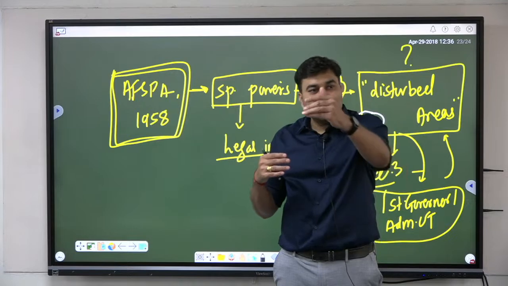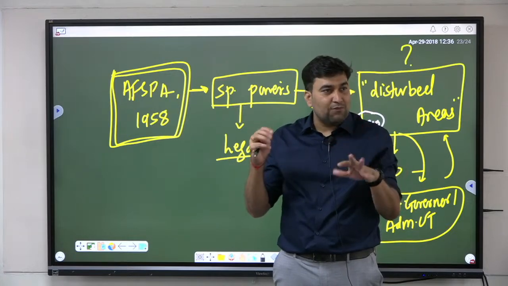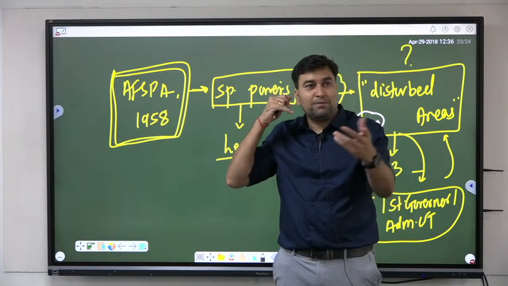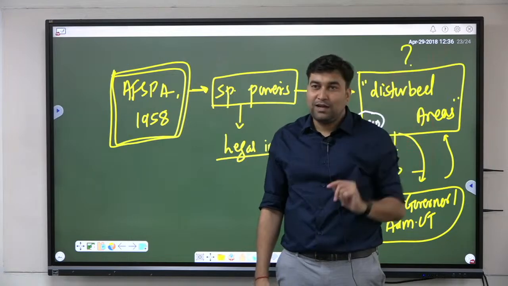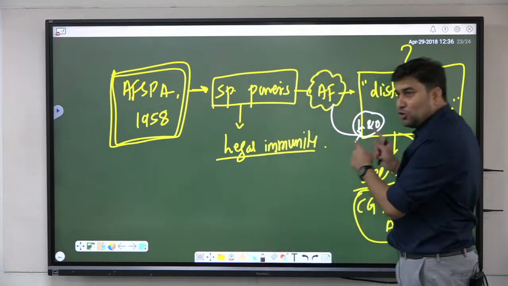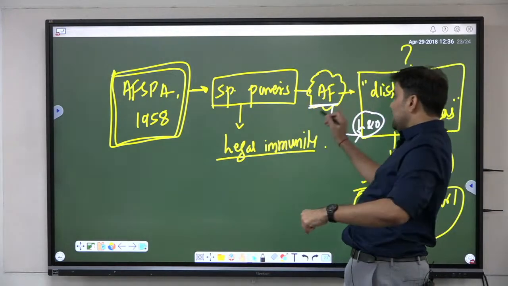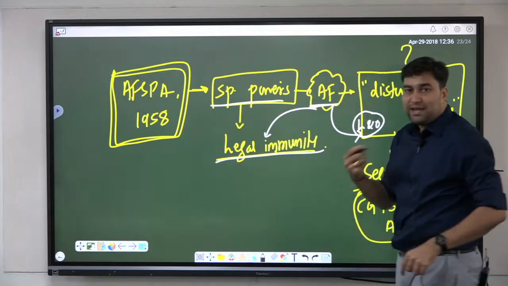Imagine right now you are insurgents and you are equipped with multiple weapons, AK-47, everything. Now if I have to call and ask the senior sitting ahead for permission, you will just kill me and leave, right? So to deal with this extraordinary situation, I need powers. That is why I gave these armed forces special powers and legal immunity with respect to my action.